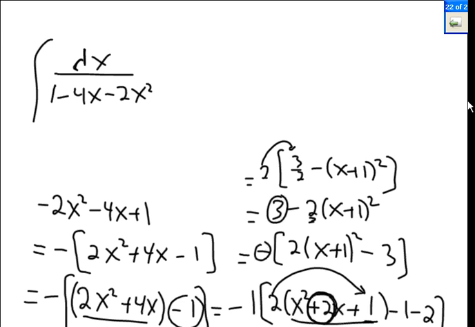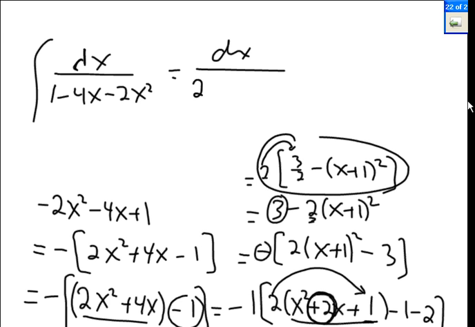Okay, so now we get dx on the top, and in the bottom we have 2 times 3 over 2 minus x plus 1 squared. The integral of that. What we've done so far is just pretty much side work.